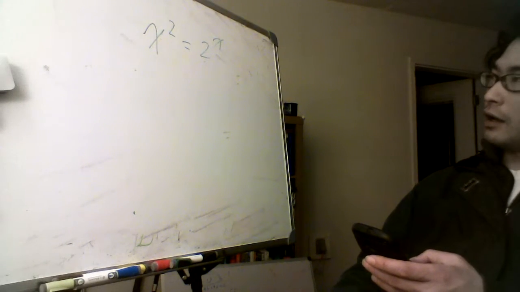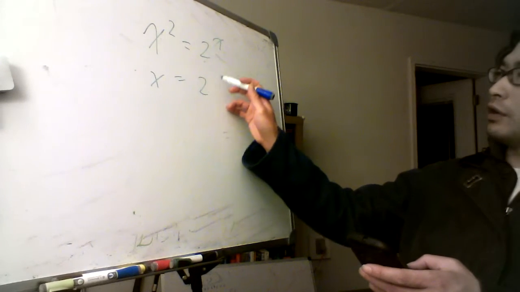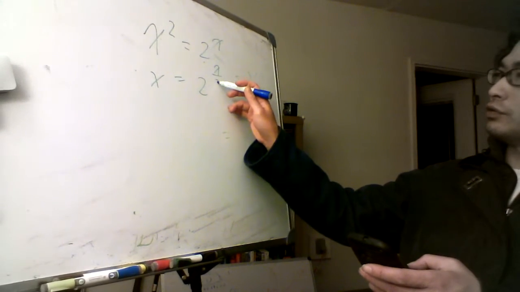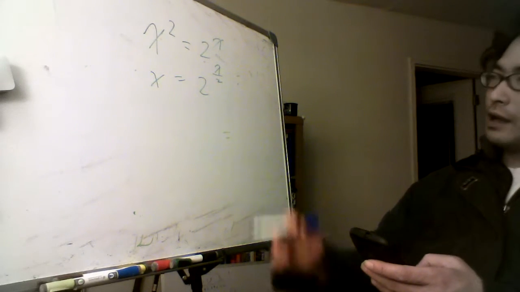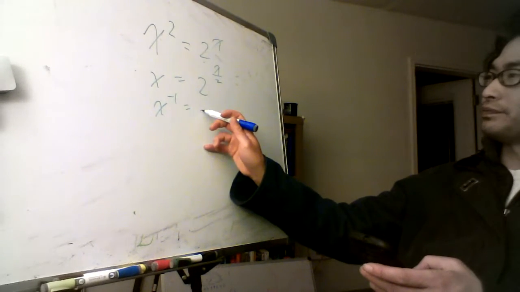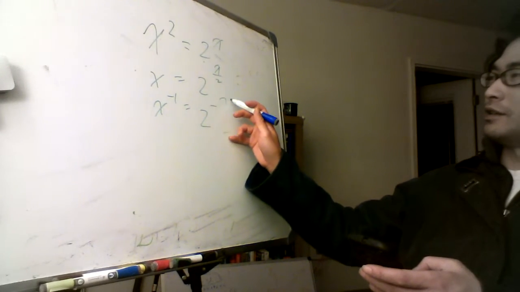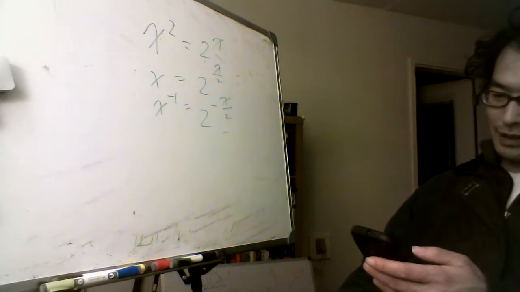And then x is equal to 2 to the x over 2, right? And he did minus, okay, x minus 1 is equal to, I don't know why he did that, but he did that.